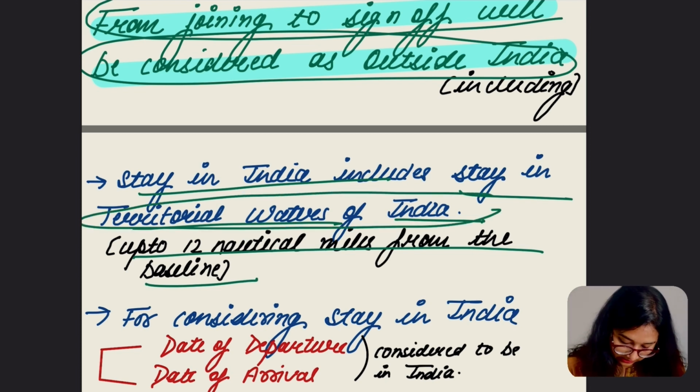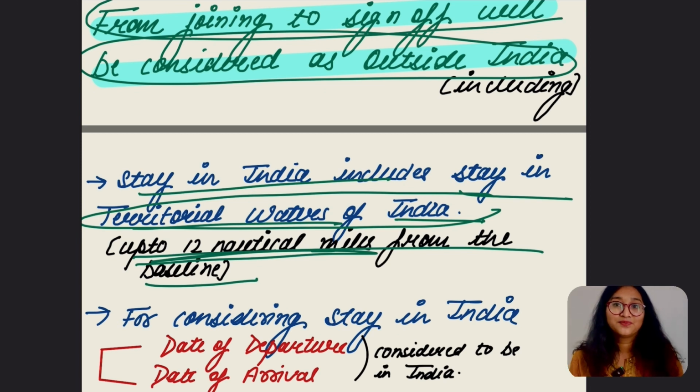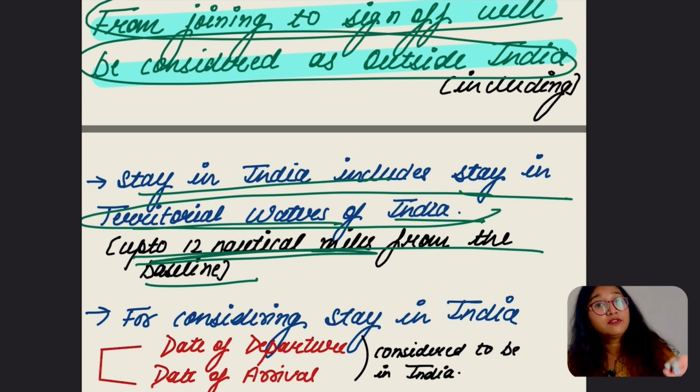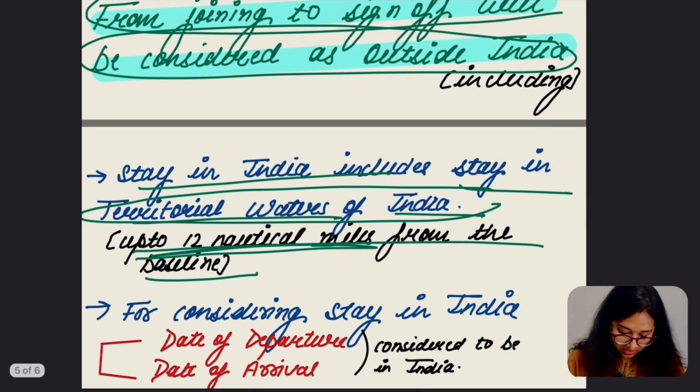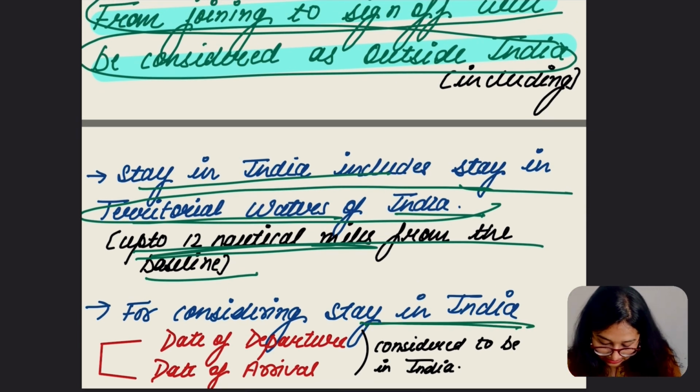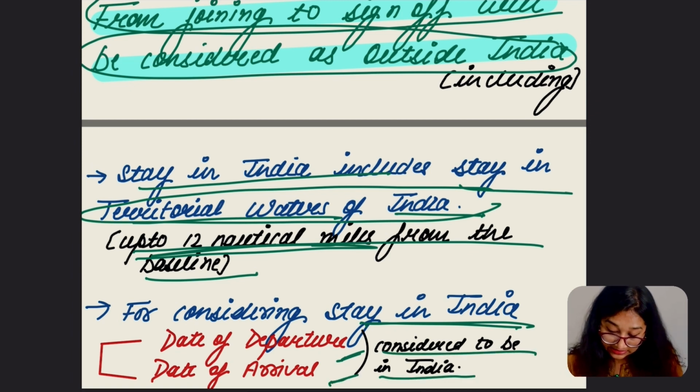Territorial water is up to 12 nautical miles from the baseline of India. If a person is staying in any area of territorial water of India, that would also count in the residential status.